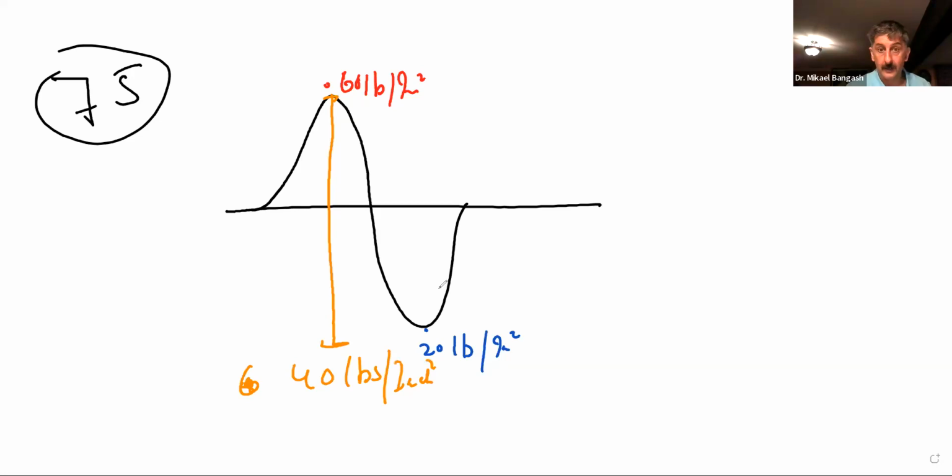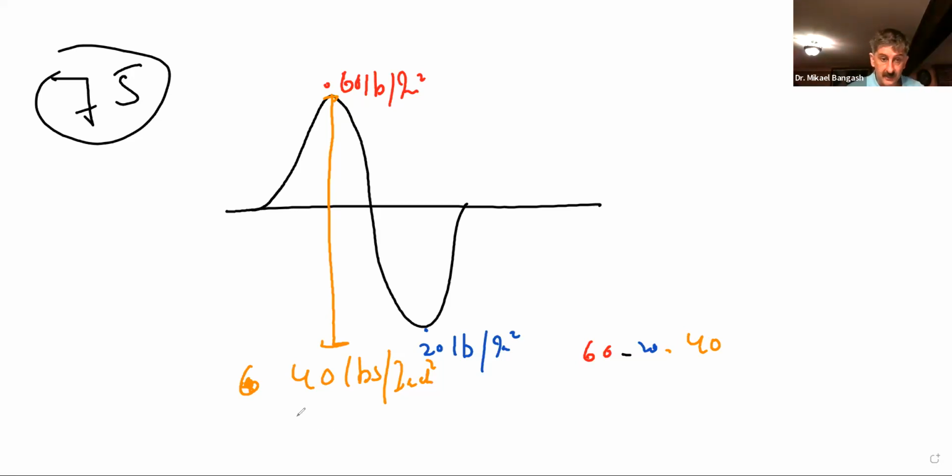We subtract: 60 minus 20 gives us a total of 40.